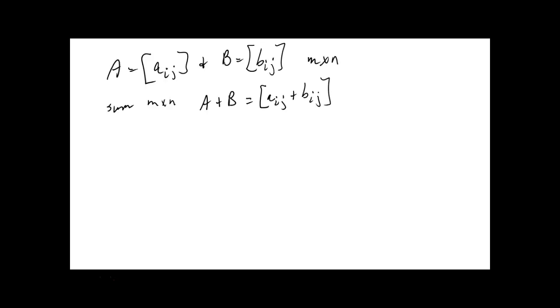You add the same i's and same j's for every element, i going from 1 to m, j going from 1 to n. But you only do them when they're the same subscripts in exactly the same order. That's the only things that you can add.